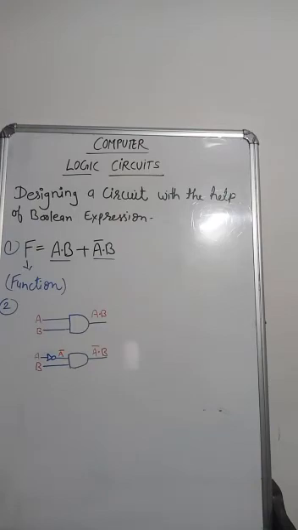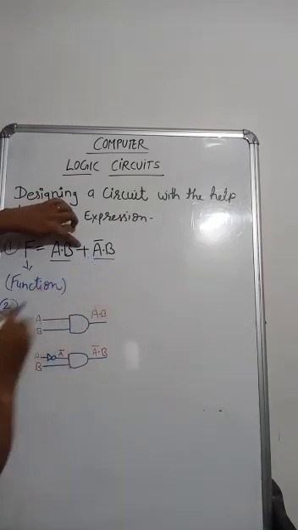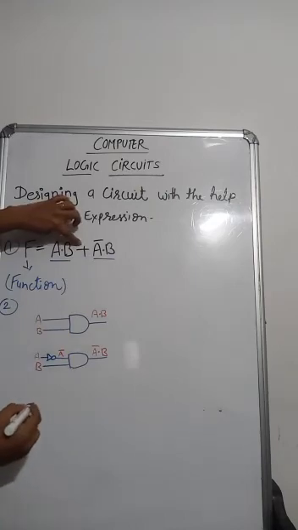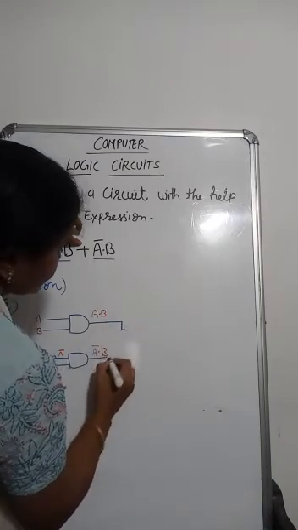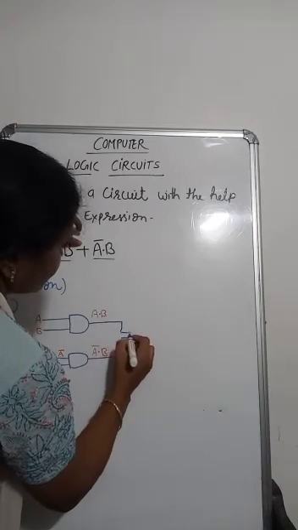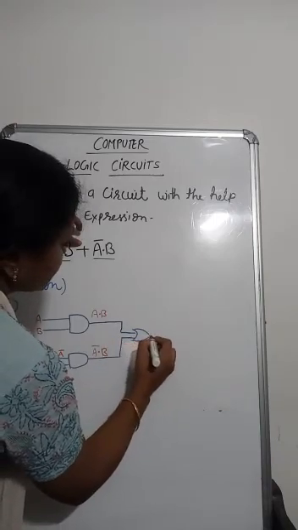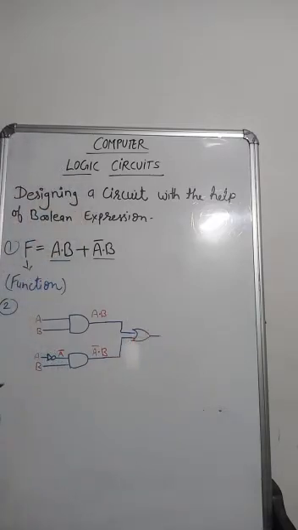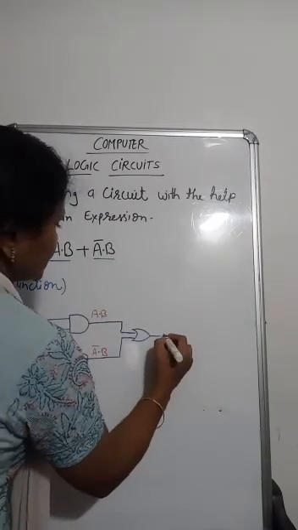Okay, in these two gates there is one symbol, that is plus. Plus denotes OR gate. Plus denotes OR gate. So we make here one OR gate. Okay, and now we receive the whole function as output.